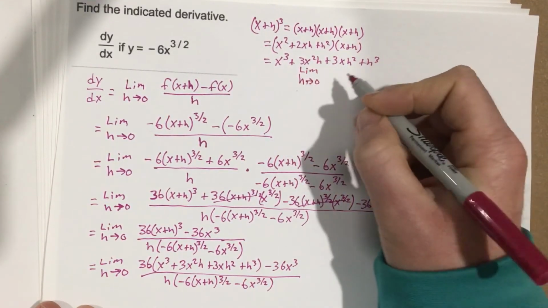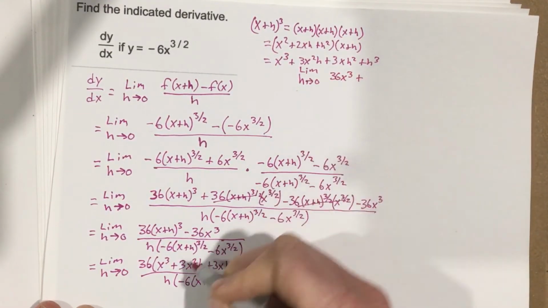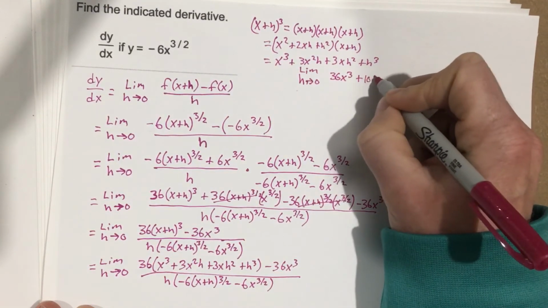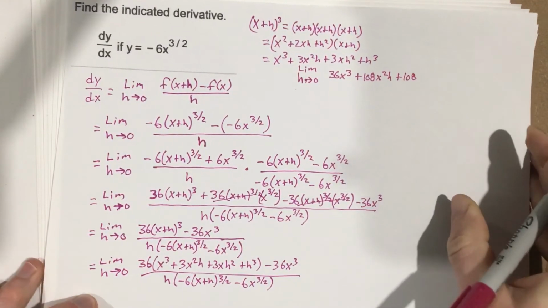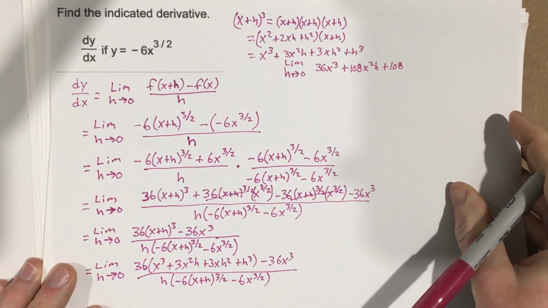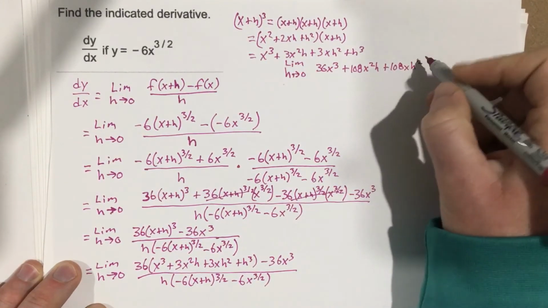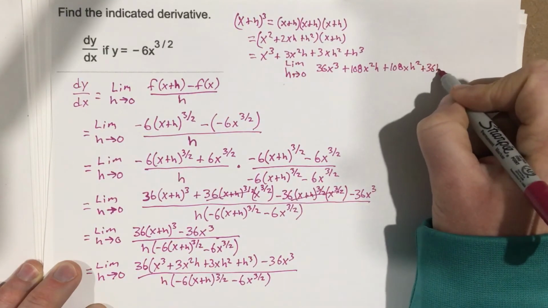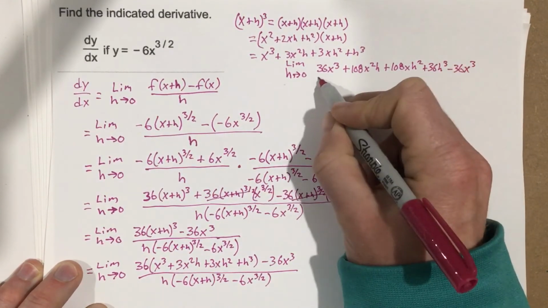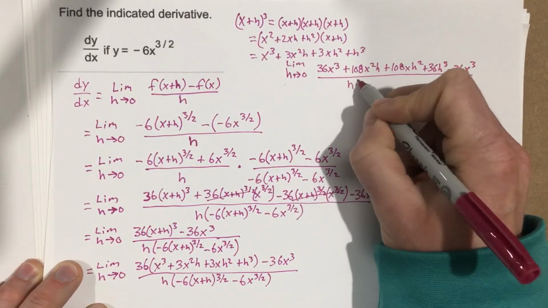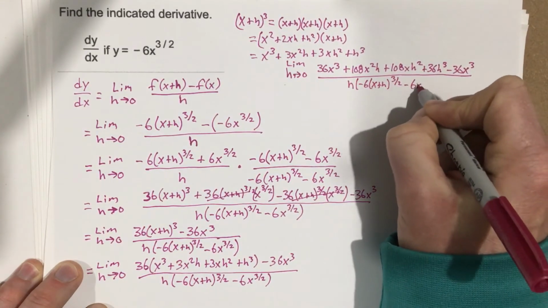Limit as h approaches 0, 36 x cubed plus, let's see, 3 times 36, that's 108 x squared h plus 108xh squared plus 36h cubed minus 36x cubed all over h negative 6 x plus h to the 3 halves minus 6x to the 3 halves.